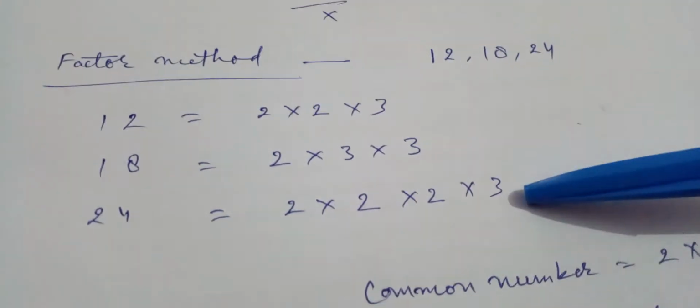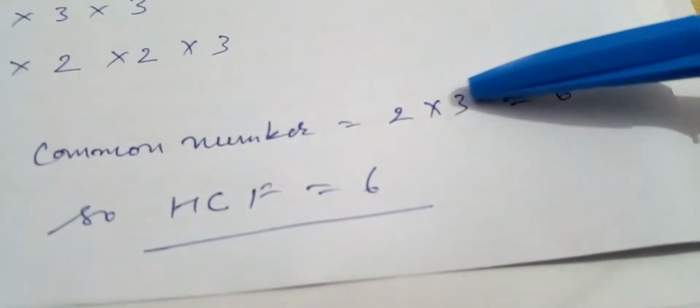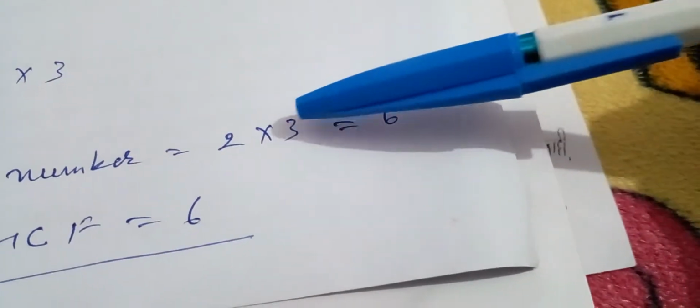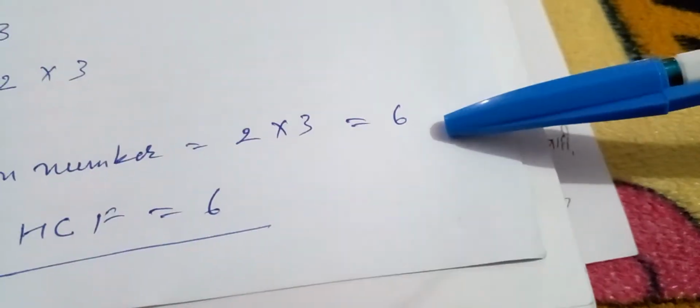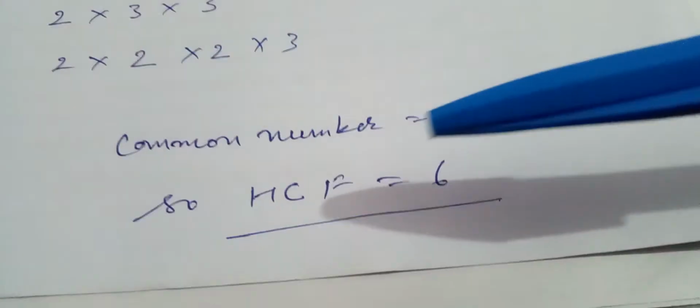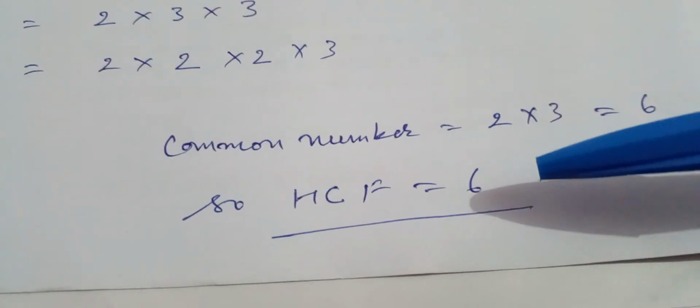So 2 and 3 are the common numbers. The HCF will be 2 into 3 is equal to 6. So the highest common factor will be 6.